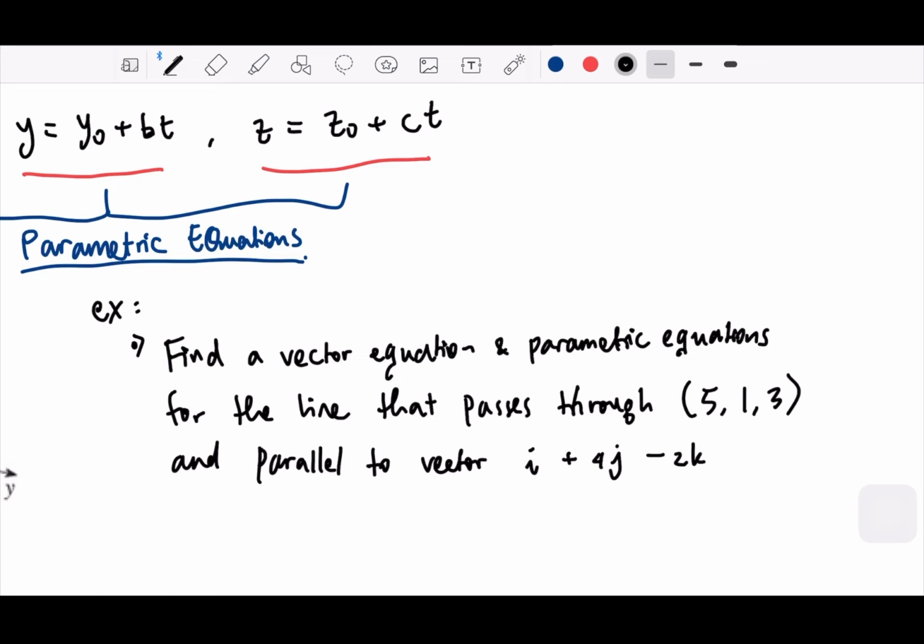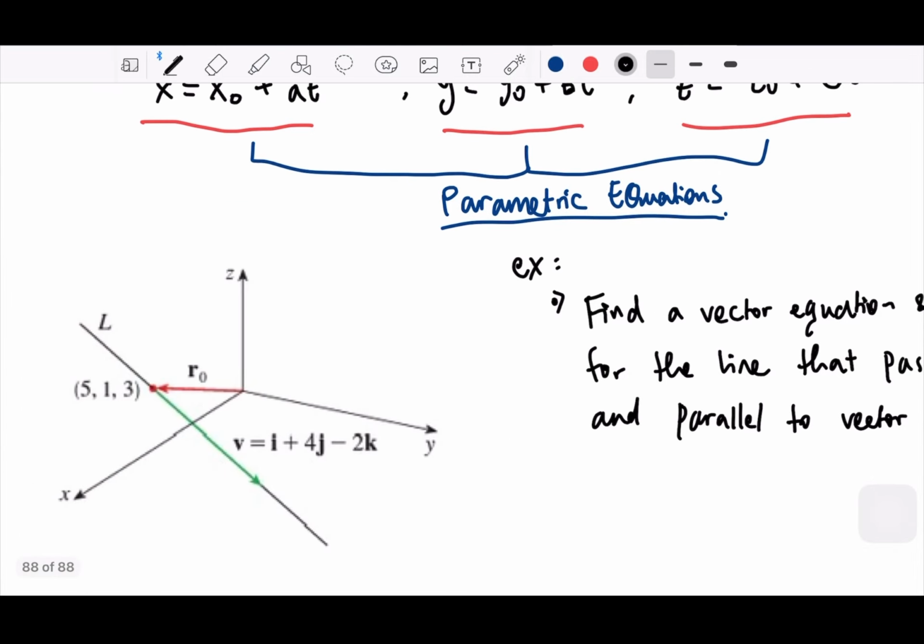And the passing through point, we can treat this as our initial vector, the R0. So we can draw, for example, it has been drawn. If you want to draw, you can draw. So this point (5, 1, 3) is our initial position for the vector R0. And this will be the direction.